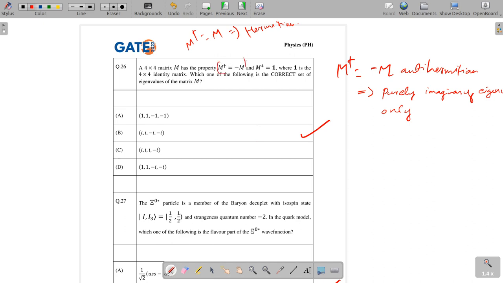When M dagger equals minus M, it is called anti-Hermitian, and it should have only purely imaginary eigenvalues; real eigenvalues are not possible. So the question is which of them are possible eigenvalues. The trace should also be 0, which means option B is the right answer.